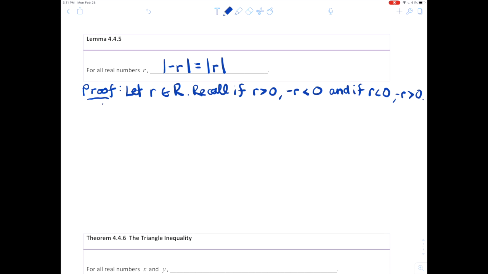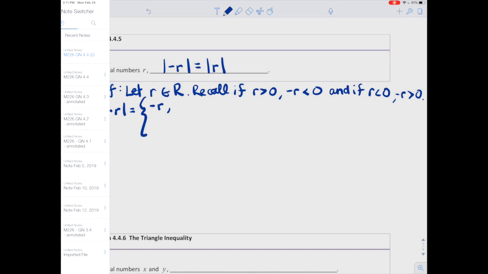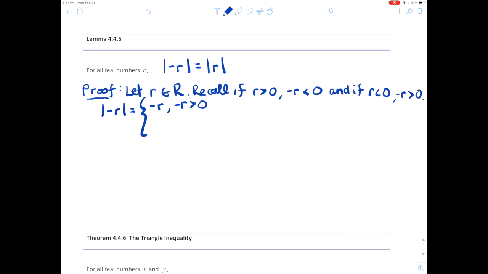We want to take a look at what absolute value of negative r gives us. So using the definition of absolute value, the absolute value of negative r is going to be itself for negative r greater than 0.